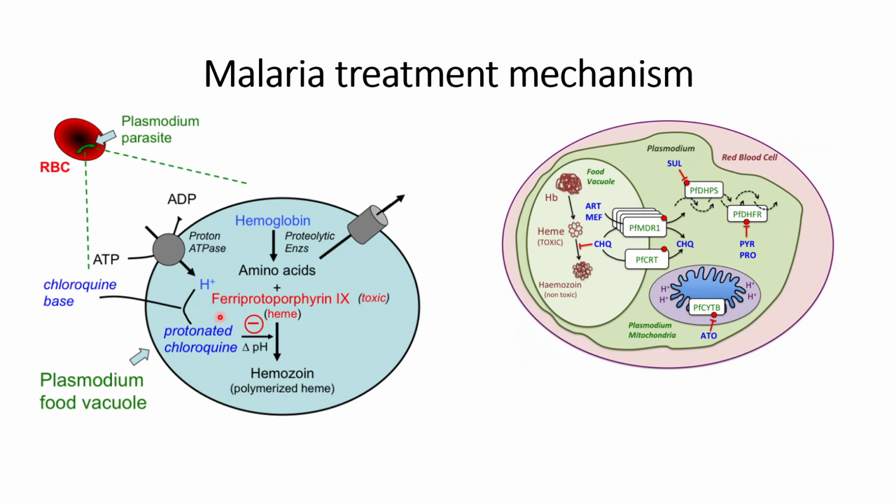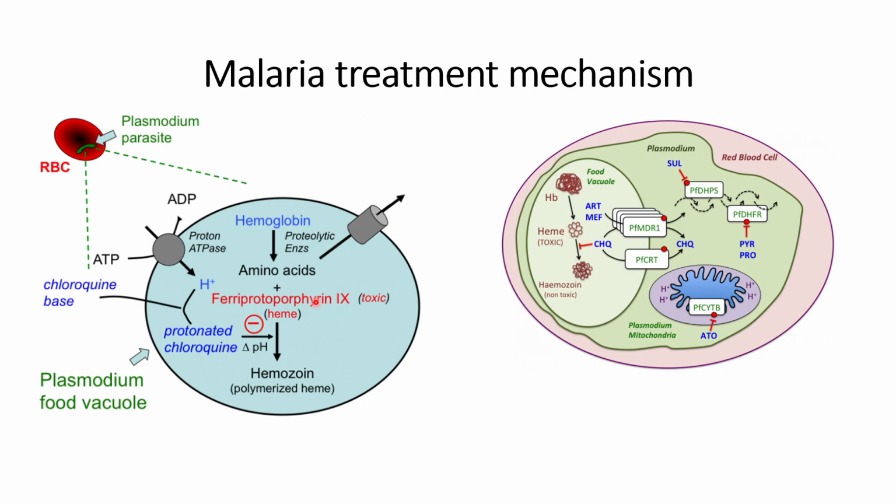This is one of the ways the parasite responsible for malaria can be treated, or made ineffective or killed, by inhibiting the reaction that converts heme to polymerized heme.